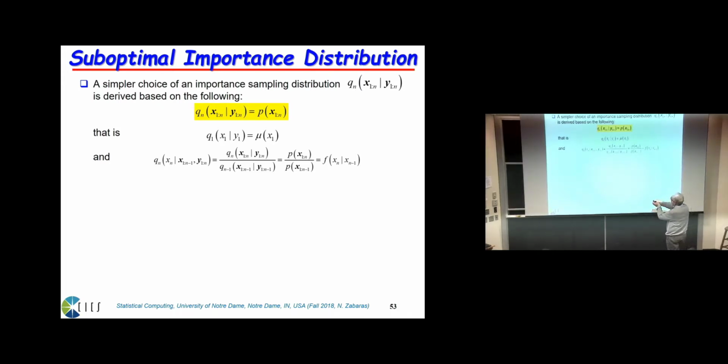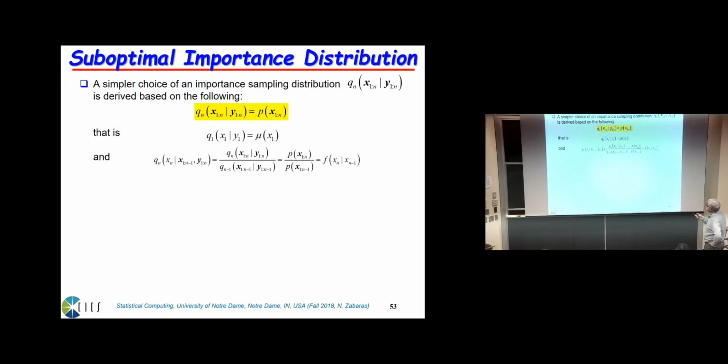The proposal distribution at time n that depends on all the previous x's and all the y's, including the y up to this time, comes out to be equal to the transition probability from x n minus 1 to x n. So some of you that maybe have used this for homework or applications elsewhere, it's very possible this is what you used without realizing it.